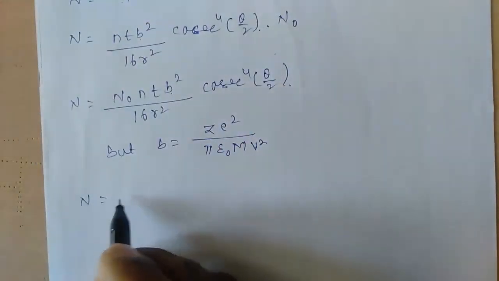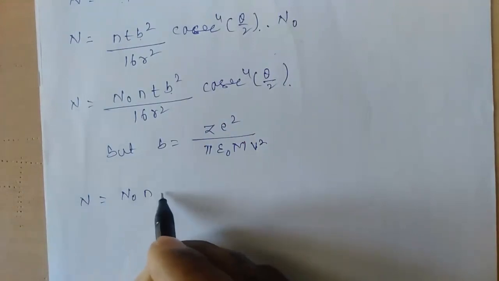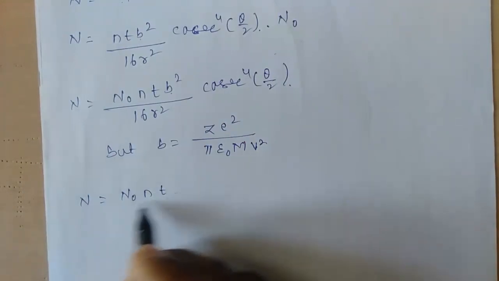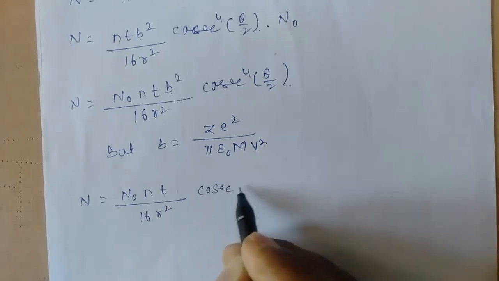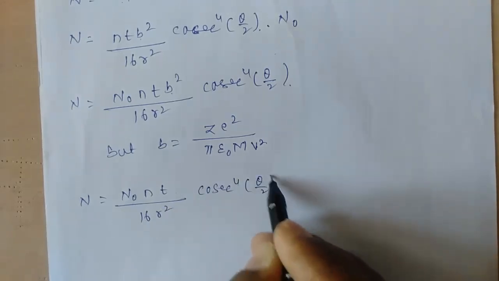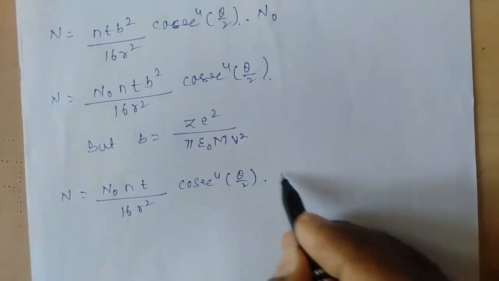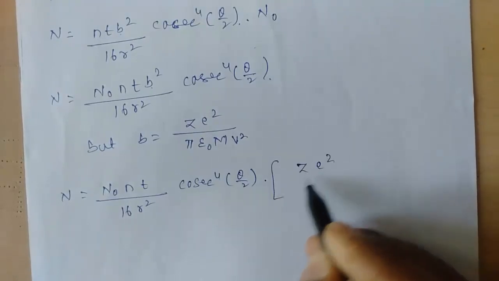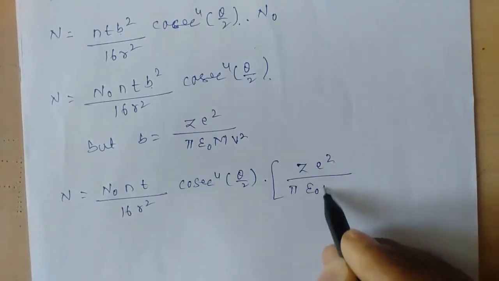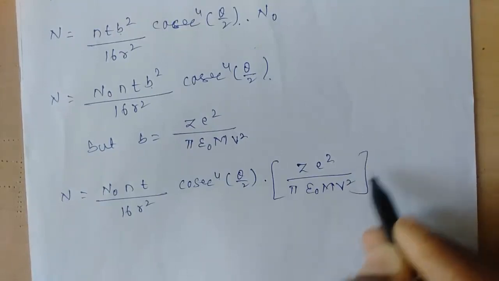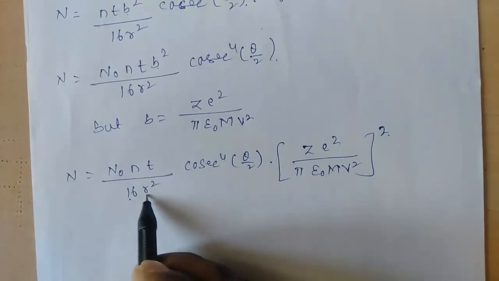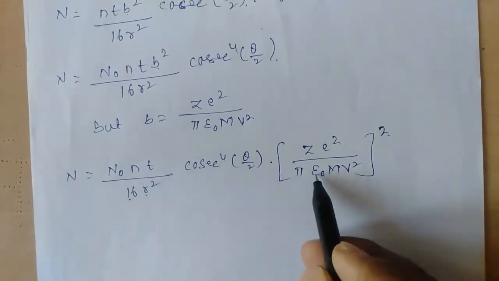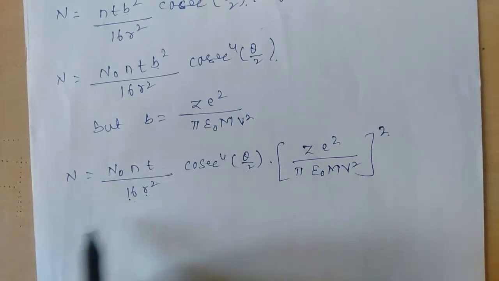We get n is equal to n naught n into t divided by 16 r square into cosecant to the power of 4 into theta by 2 into z e square divided by pi epsilon naught m into v square, the whole square. Now if I take this 16 as 4 square and keep r square as it is, and send it inside, it will be equal to 16 r square itself.